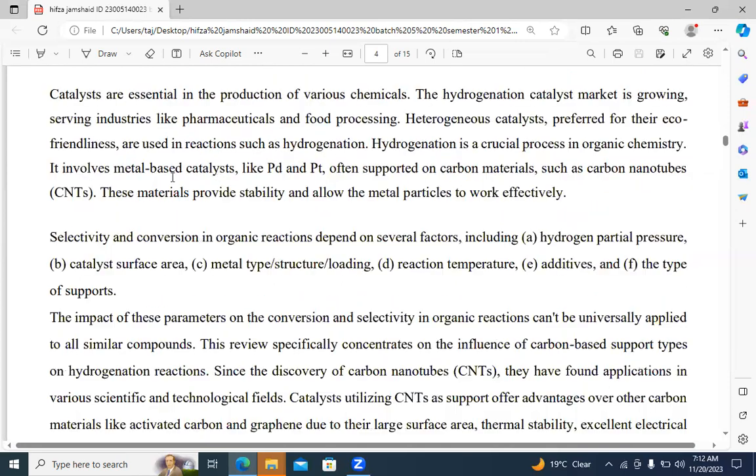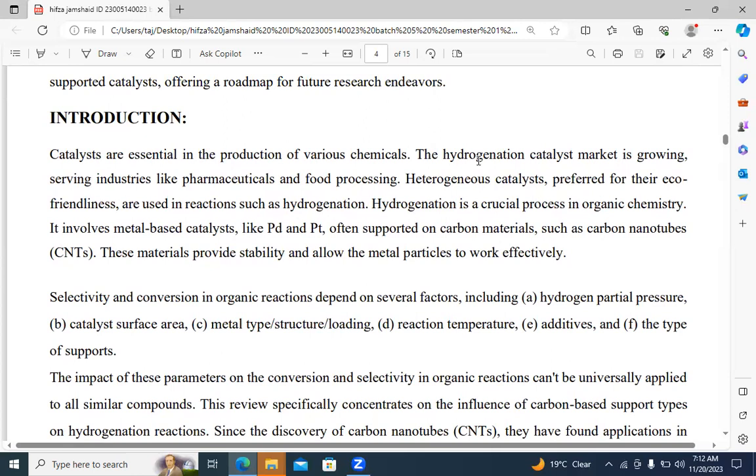So the introduction is that catalysts are essential in the production of various chemicals. Hydrogenation catalysts serve different industries like pharmaceutical industries, which are related to medicine, food processing, and many other industries. Heterogeneous catalysts are preferred for eco-friendly reactions such as hydrogenation.